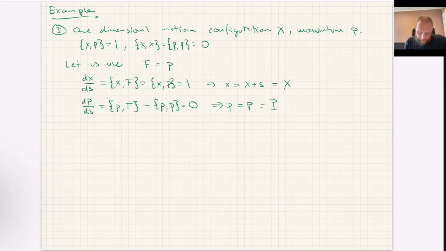To become a little bit more involved, let's look at an example with phase space rotations.